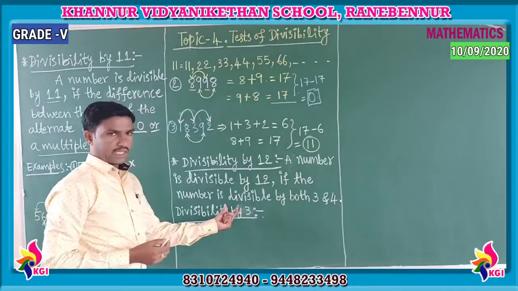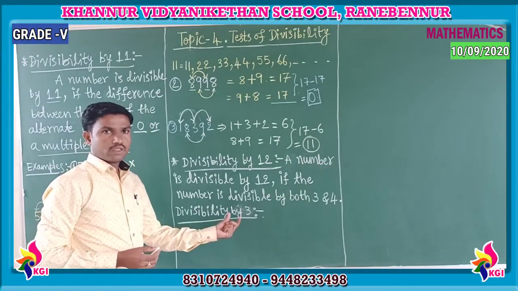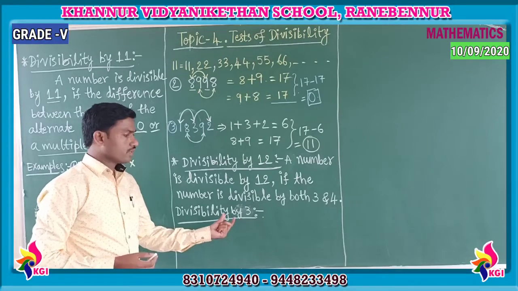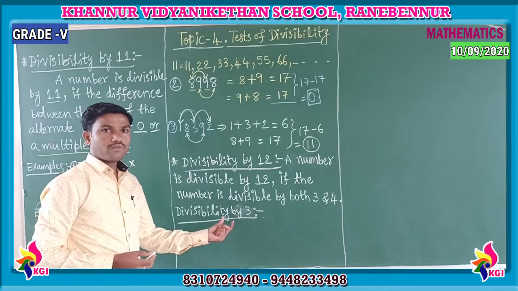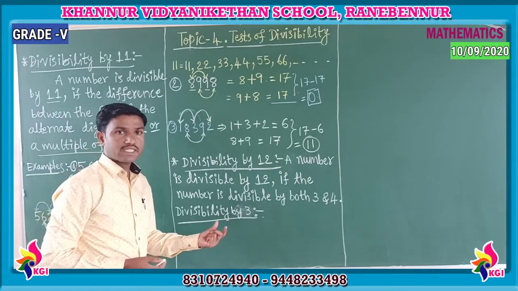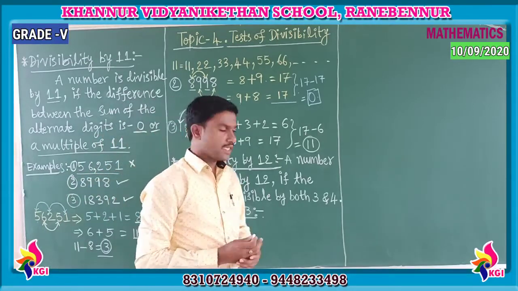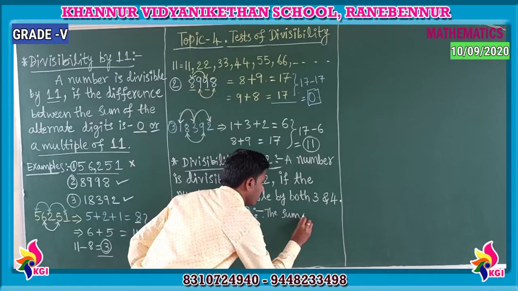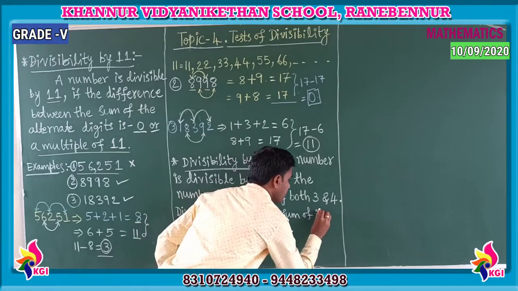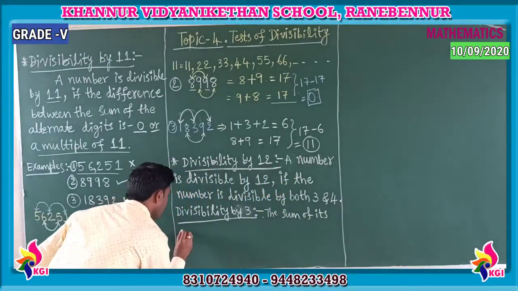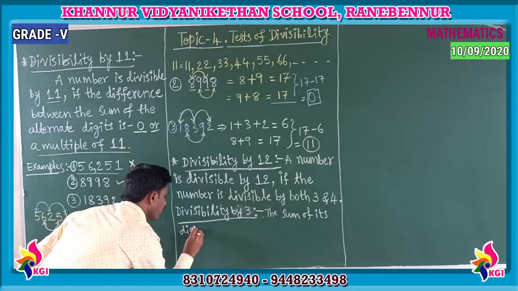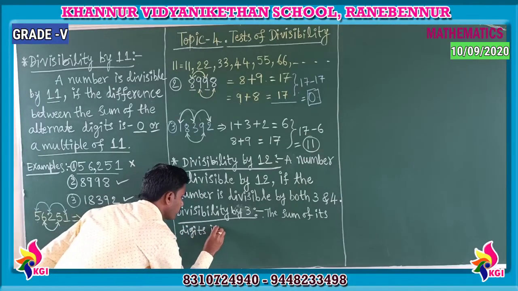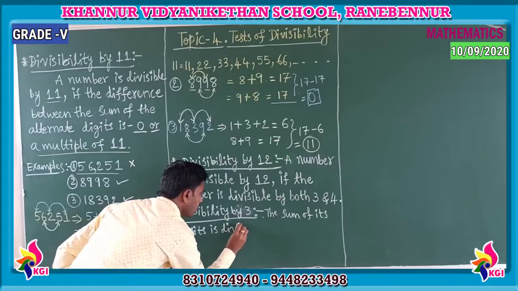A number is divisible by 3 means the sum of its digits is divisible by 3.